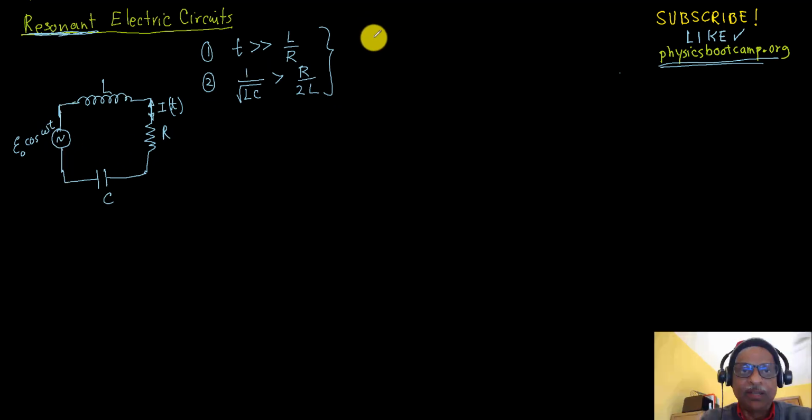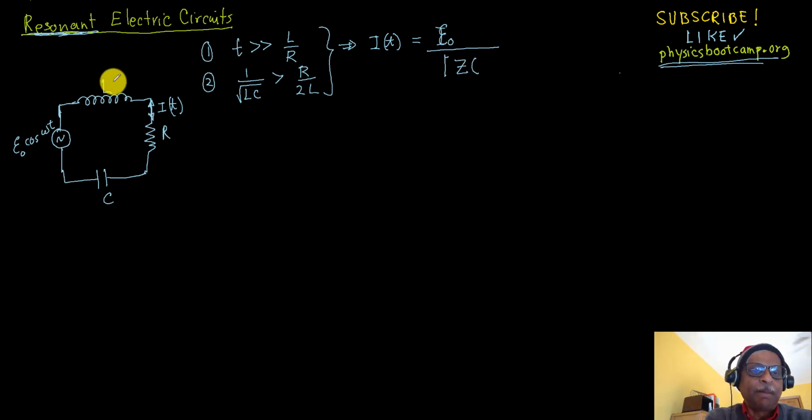You'll find that the current is going to be some amplitude value, E0, divided by impedance, which we're going to write as Z, which is a function of L, R, C, and the omega, the angular frequency.